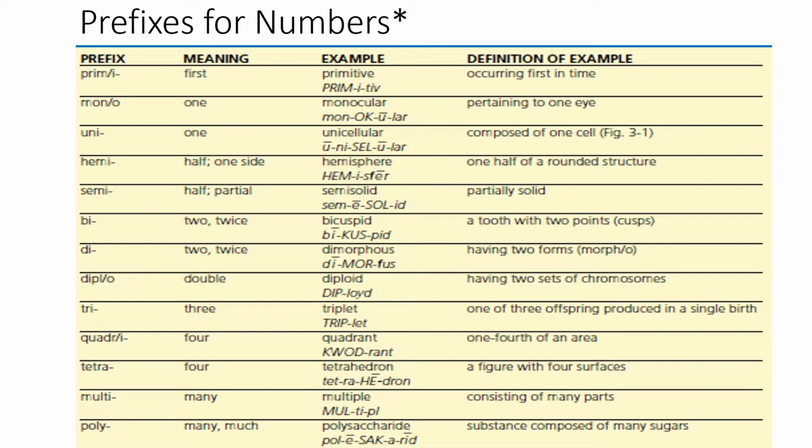Next, we have the prefix uni, which means one. So unicellular is composed of one cell. And then we have hemi, which means half or one side. The example is hemisphere, meaning one half of a rounded sphere.